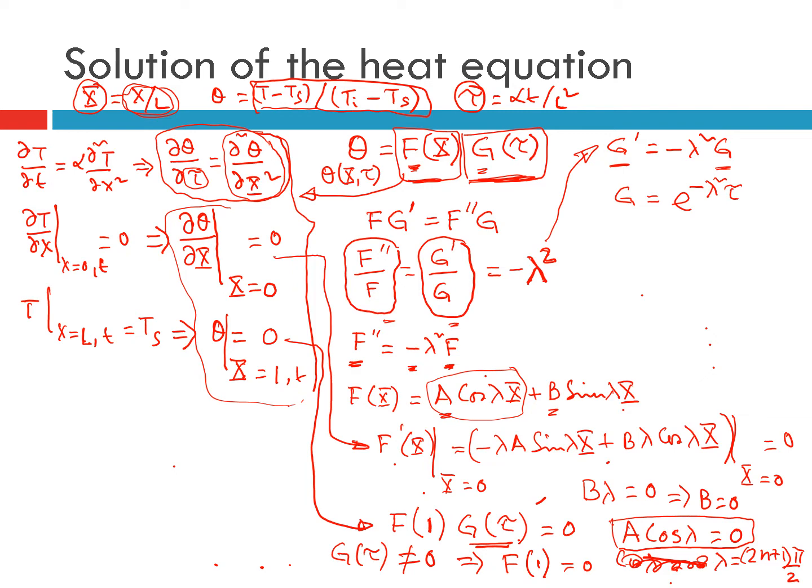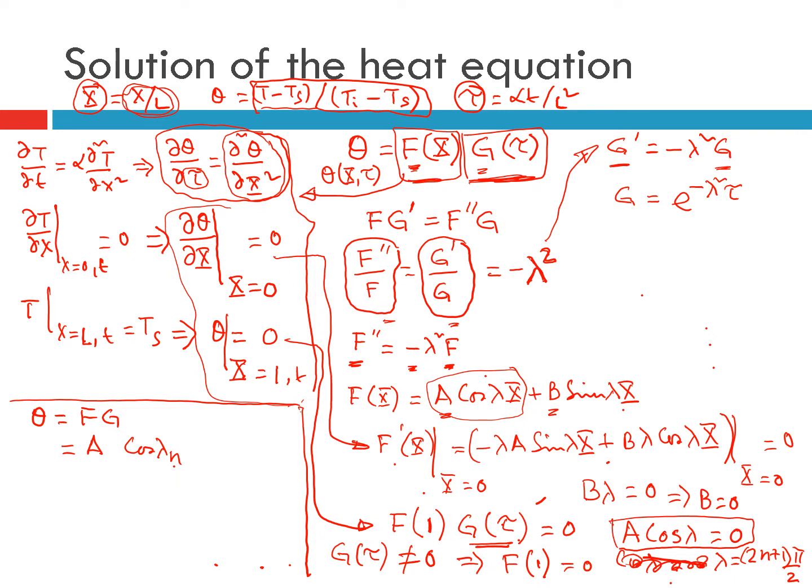So now we got F and we got G. Let's try to put everything together. Sorry, it's getting very messy here, but we are pretty much done. So theta equals F times G. Now F is what we found, A times cosine lambda, and it can be any of the values.